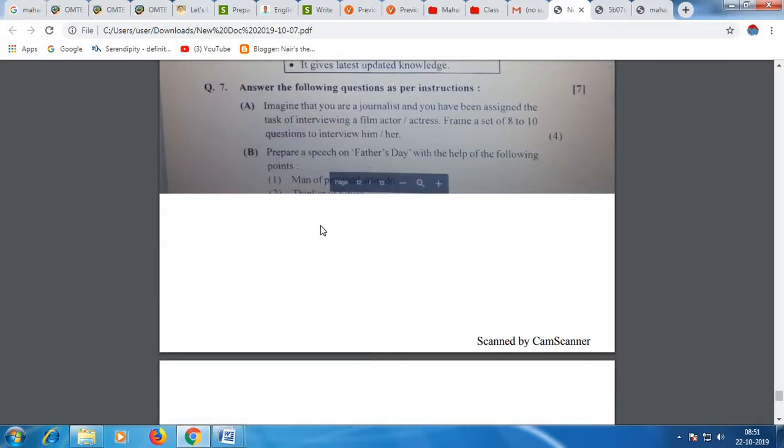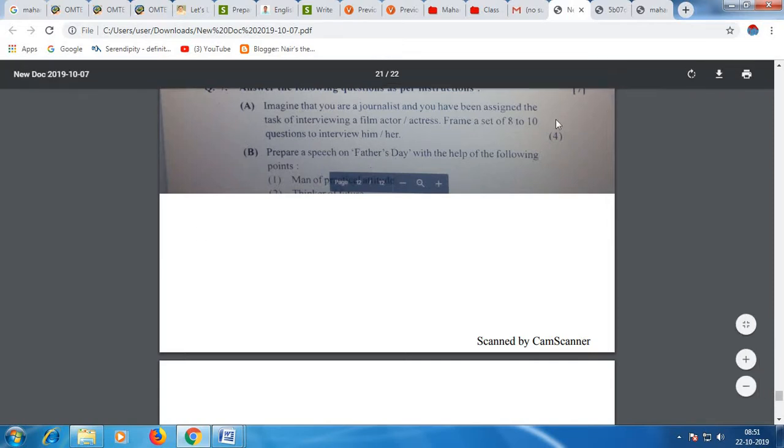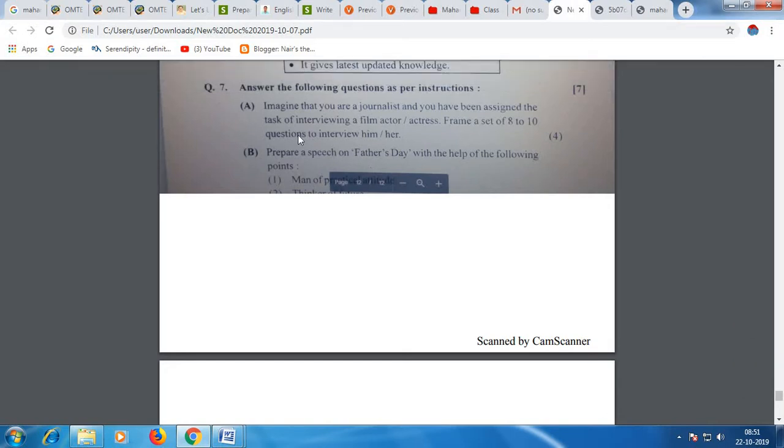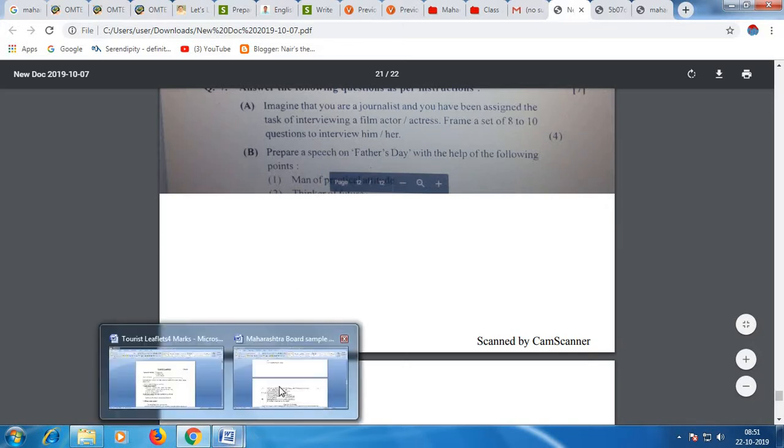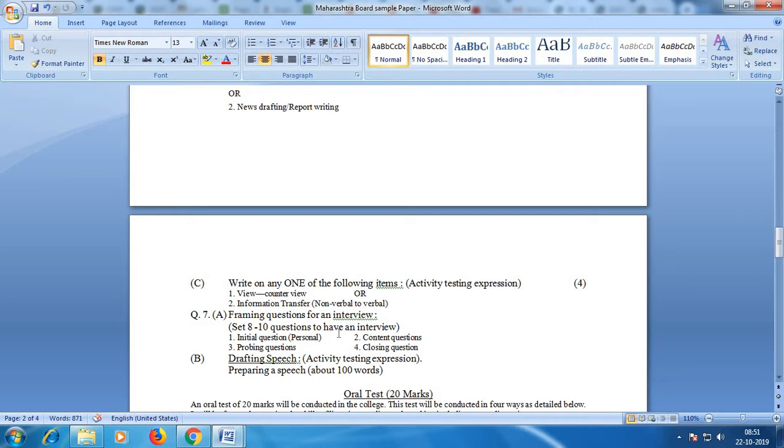Now 7th is, imagine that you are a journalist and you have been assigned the task of interviewing a film actor or actress. Frame a set of 8 to 10 questions to interview him or her. So you can see this.